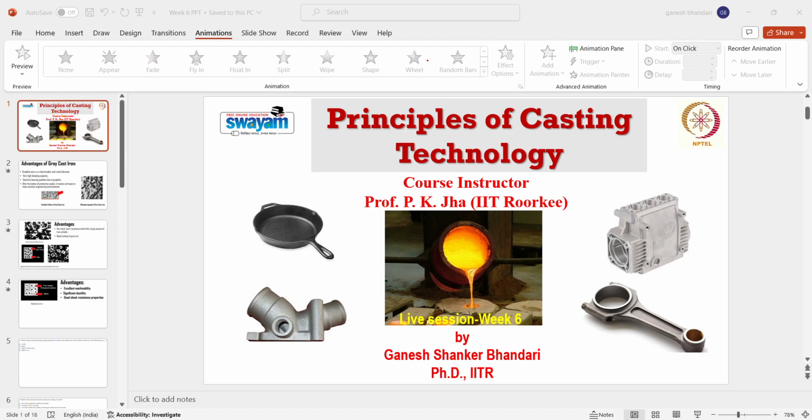But we cannot use carbonaceous material as a wash on the mold faces in steel casting, because steel has a tendency to dissolve the carbon, and it may affect the properties of your steel casting, so that you don't want.